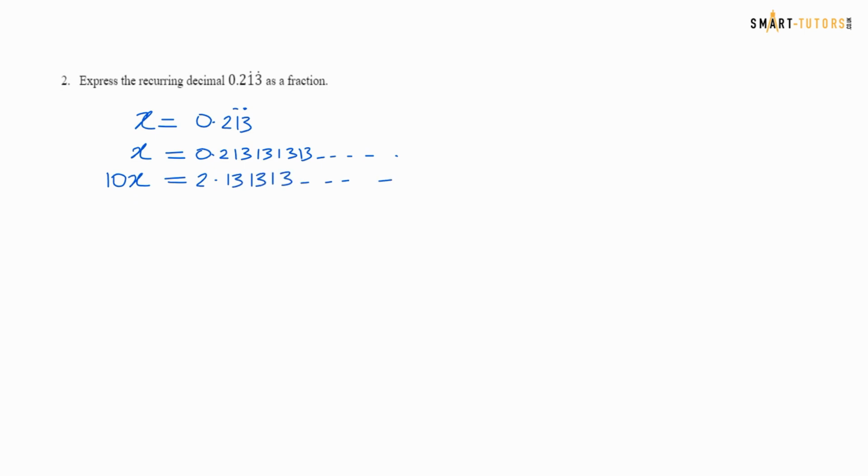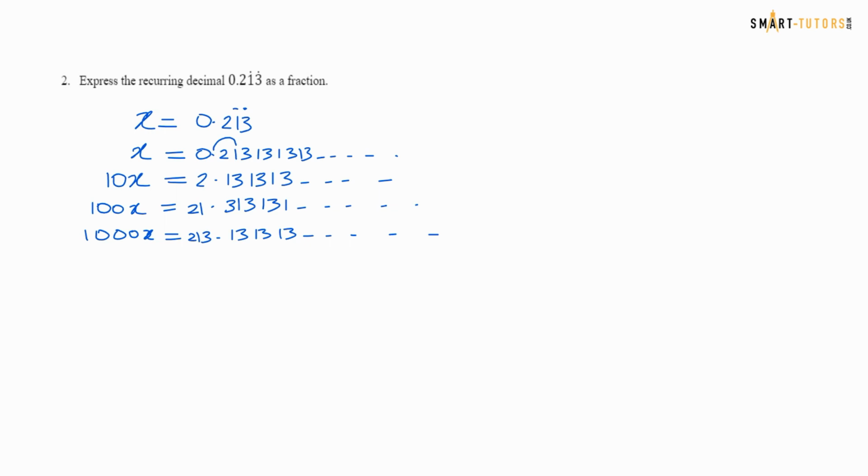10x equals 2.131313. If I times by 100, just checking, what will happen? The decimal moves two places, which is 21.313131. If I times by 1000x, that is going to be 213.131313.